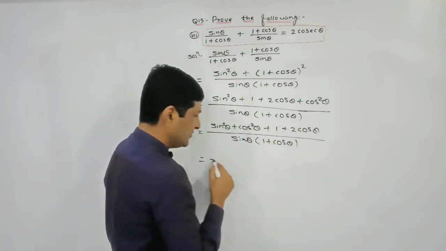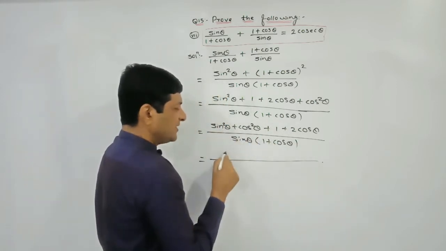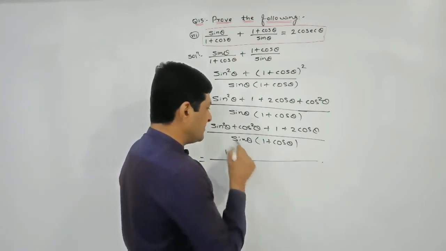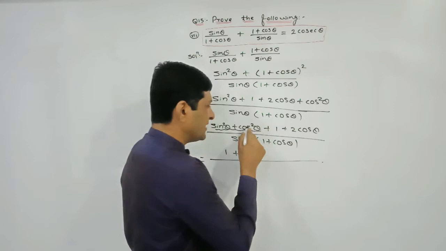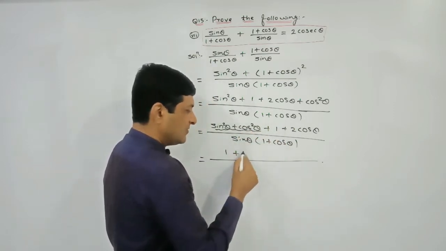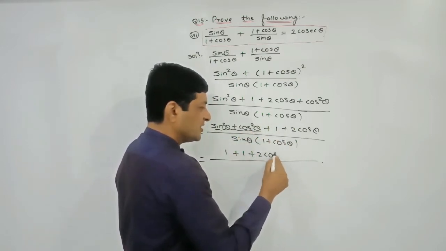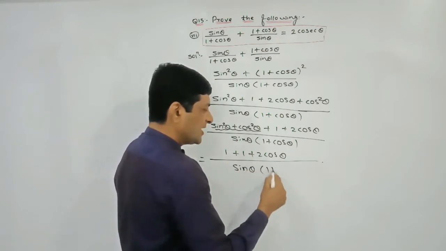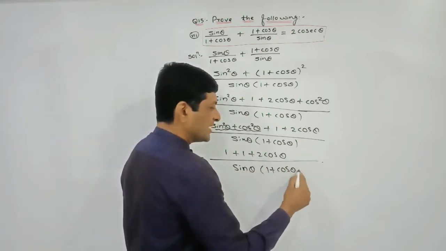Now in the numerator sin square theta plus cos square theta can be replaced by what? 1. Just I am replacing sin square theta plus cos square theta by 1, plus 2 cos theta, and in the denominator sin theta into 1 plus cos theta, keep it as it is.